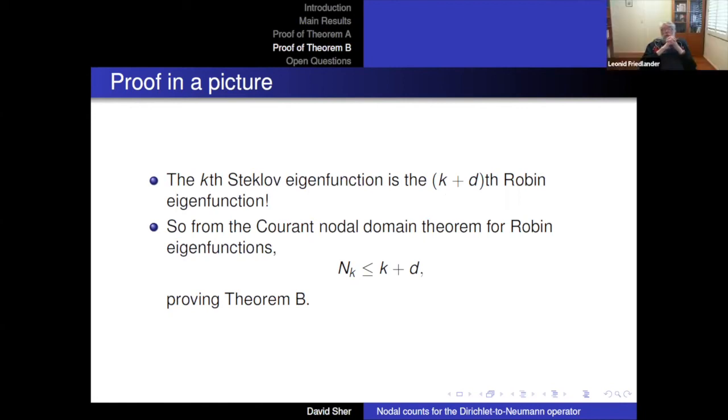I'm wondering what happens if you take an n-dimensional ball, with the Laplacian and a very small potential. If the potential is 0, then for the Dirichlet-to-Neumann map you have all these symmetries, so you have highly degenerate eigenvalues with high multiplicity.